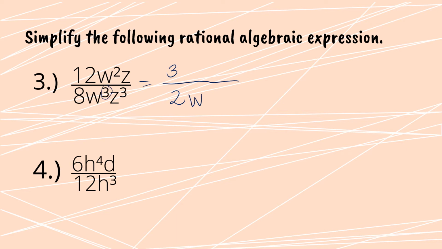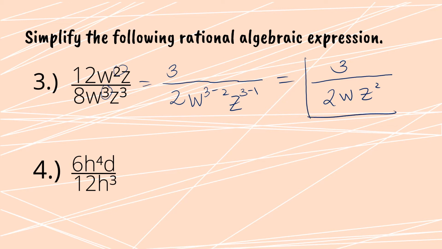Kasi mas mataas si 3 kaysa kay 2. So, we have 3 minus 2. And si z, taas o baba? So, sa baba din. And that will be 3 minus 1. Okay? So, let's now simplify. So, we have 3 on the numerator. And on the denominator, we got 2w z squared. And that will be our final answer.